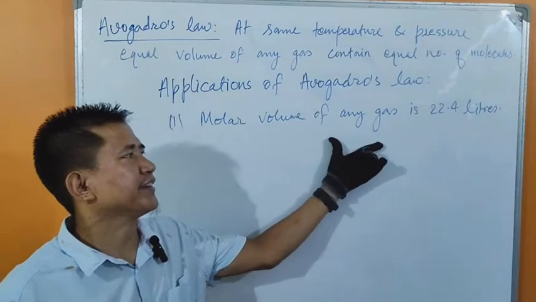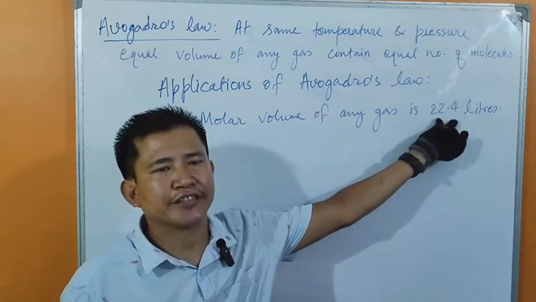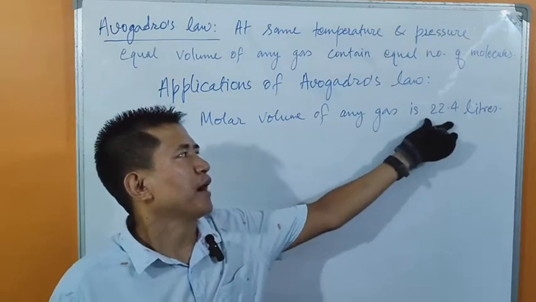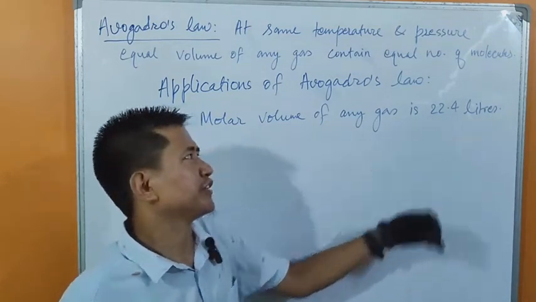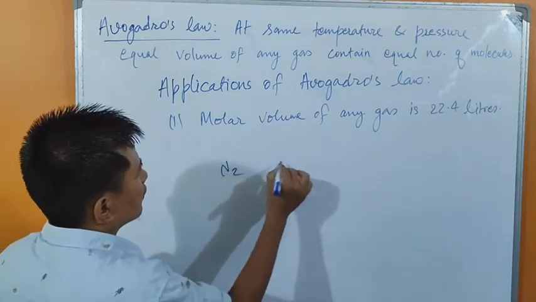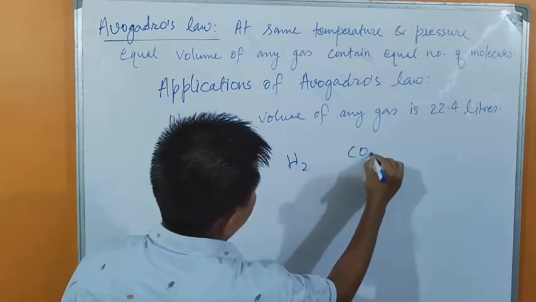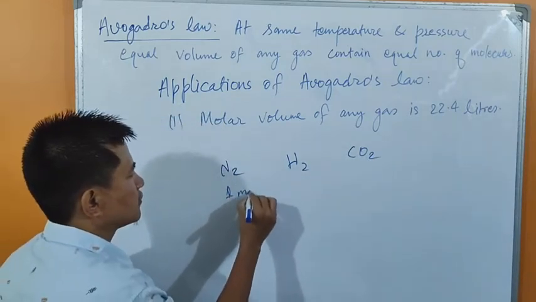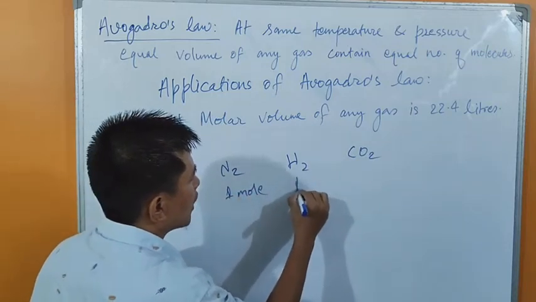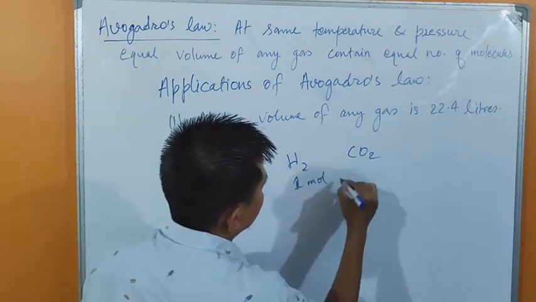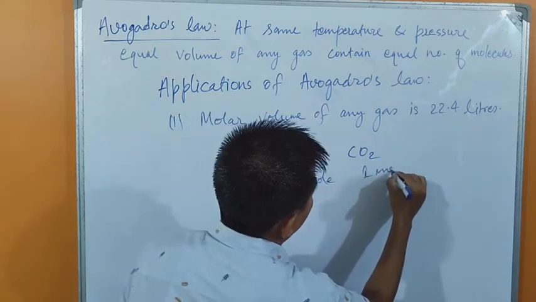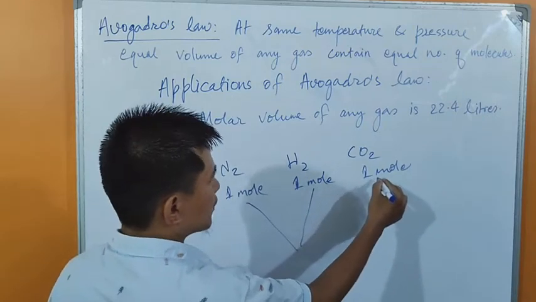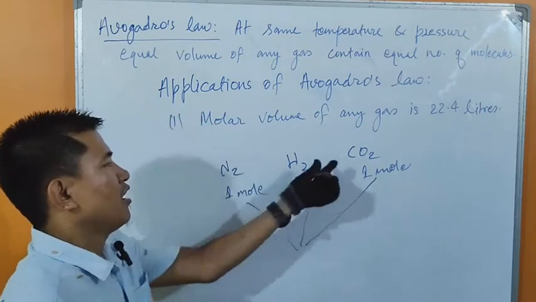The molar volume of any gas is 22.4 liters, which means 1 mole of any gas occupies 22.4 liters. Let us say nitrogen, hydrogen, carbon dioxide: 1 mole of nitrogen, 1 mole of hydrogen, and 1 mole of carbon dioxide.